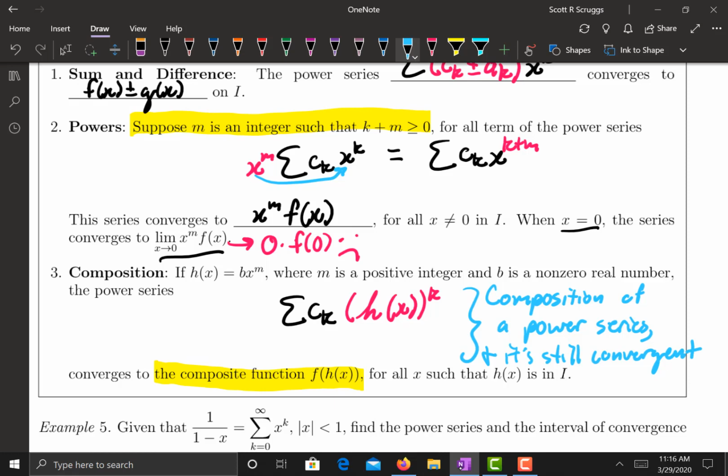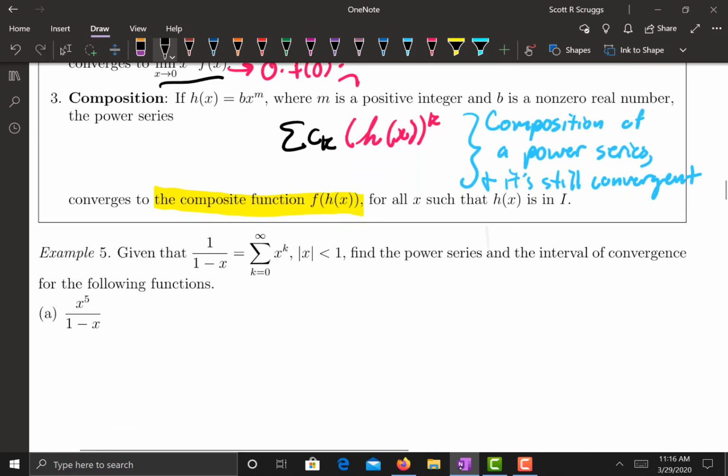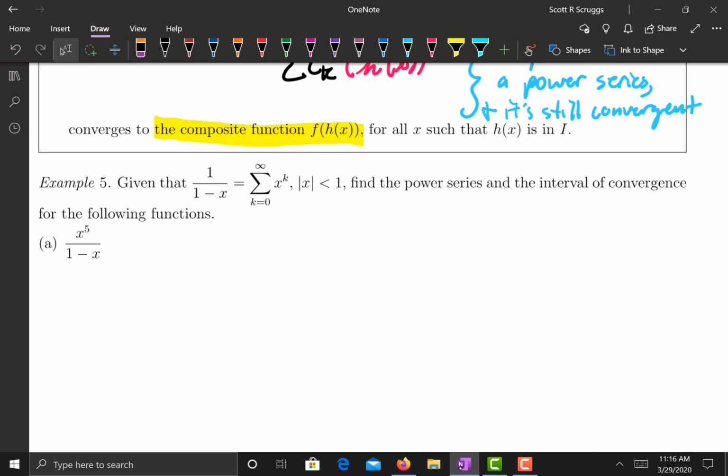That's what number 3 is telling us. The reason these three are useful is that we can combine them to form brand new power series in order to approximate.